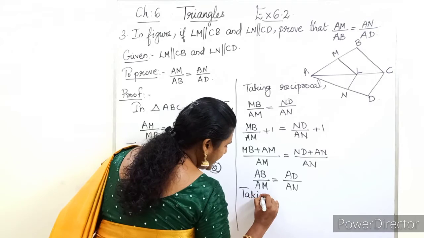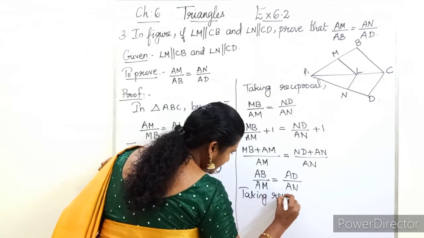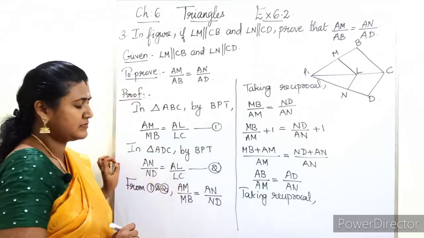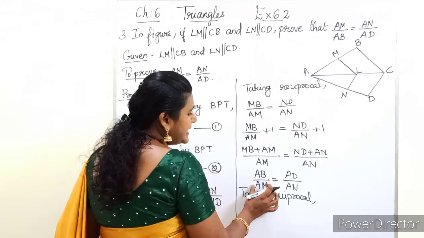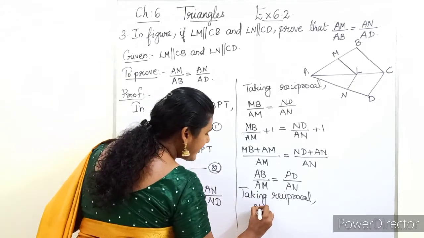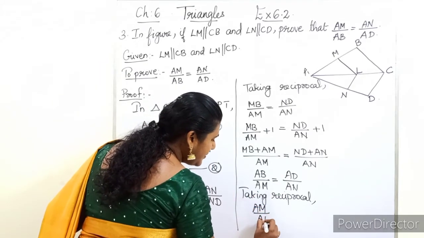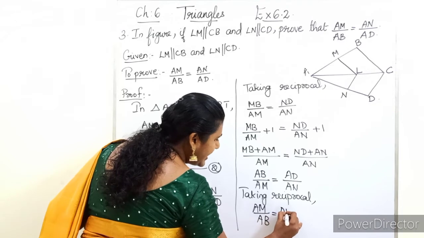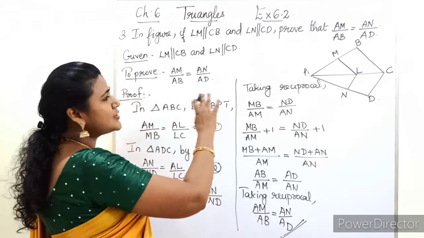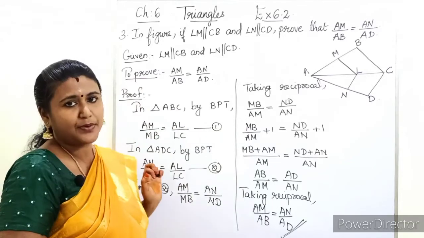Taking reciprocal, by taking the reciprocal you will get the required result. So we can write AM by AB is equal to AN by AD. So this is what actually we want to prove. So this is also an application of basic proportionality theorem.